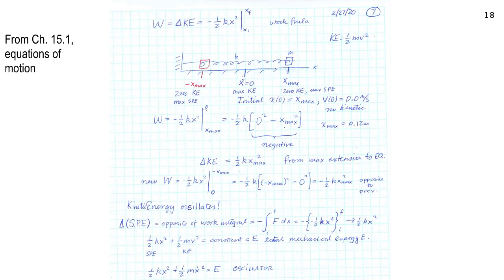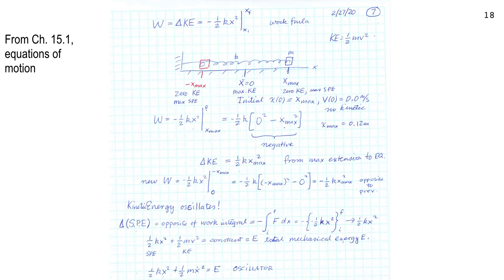Whatever we had for the work integral, F delta S or F ds, we put a minus sign in front of it. So a minus sign in front of the integral from initial to final of F dx. We already know what that is.